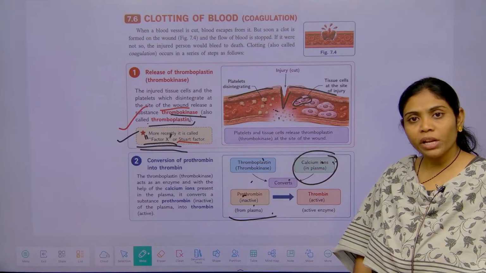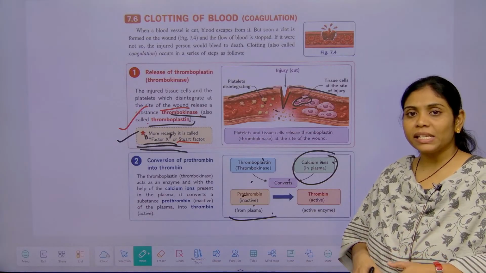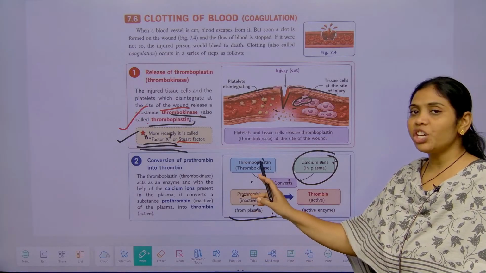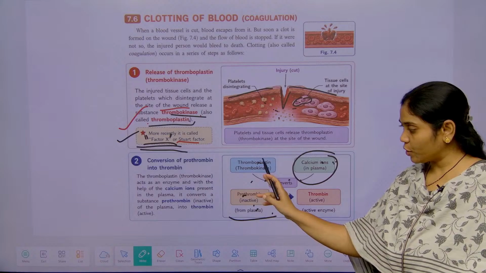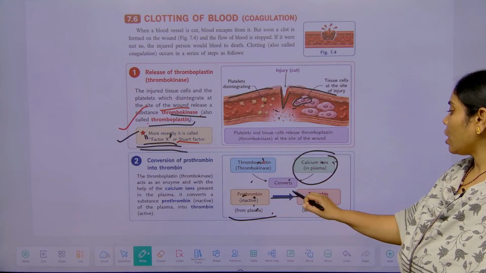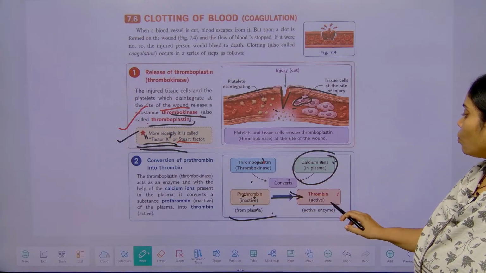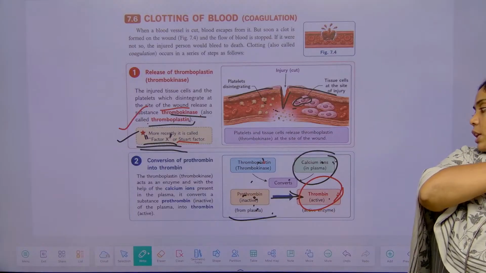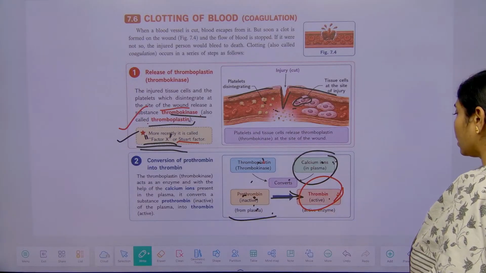When injury occurs, it gets activated, and prothrombin is converted from the inactive form to the active form, thrombin.